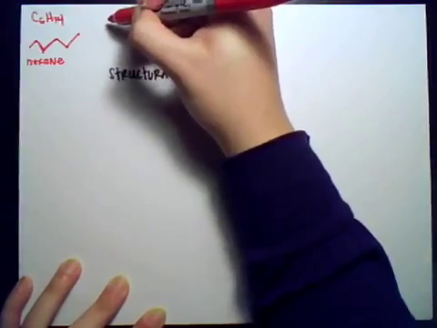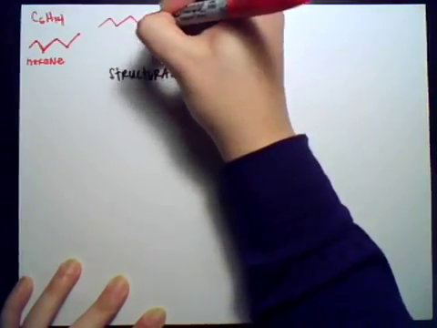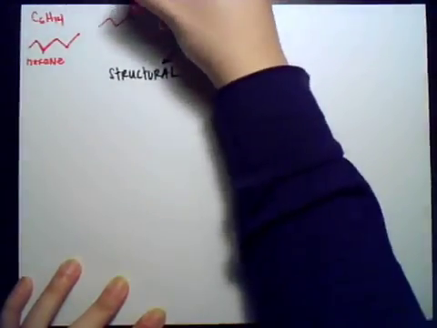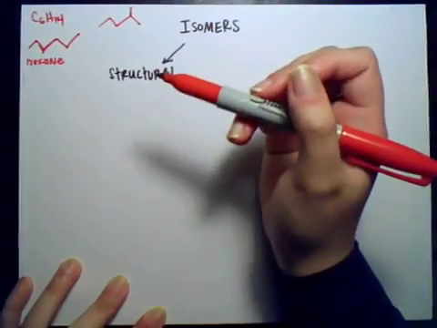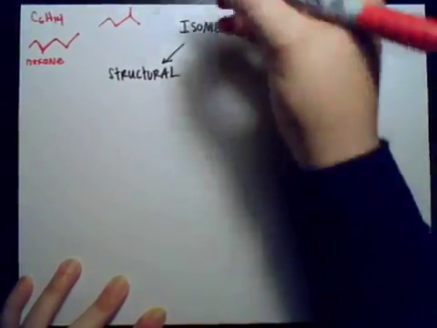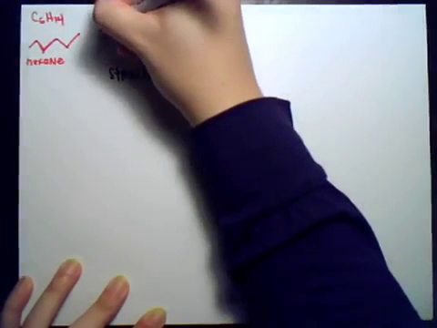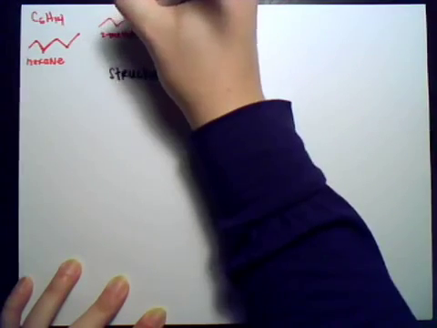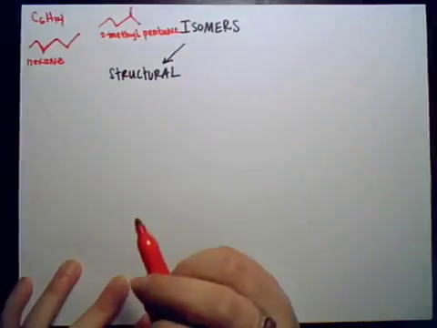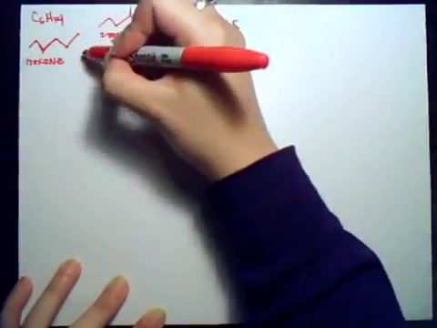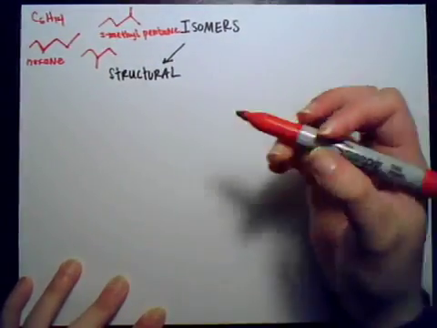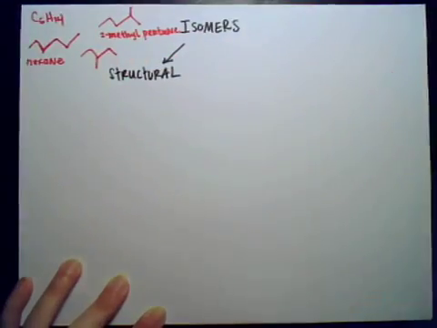Then we'd have a pentane, and if we took that last methyl group and stuck it right there, this would give us 2-methylpentane. But let's say we stuck it on one of the other carbons, right there. Well, that's going to give us 3-methylpentane.